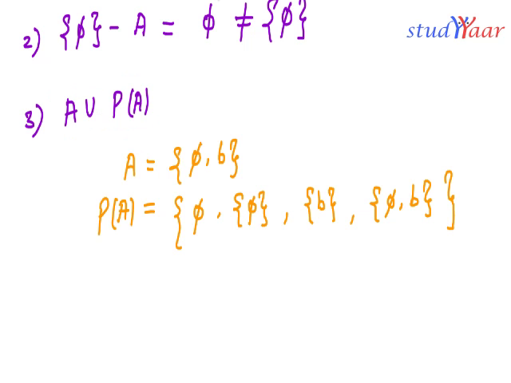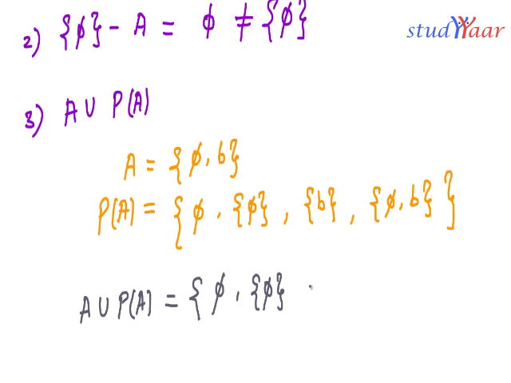So now I can easily tell the answer for A union power set of A. We are talking about all the elements present either in this or in this. So phi is there, then this is there, the set containing an empty set.